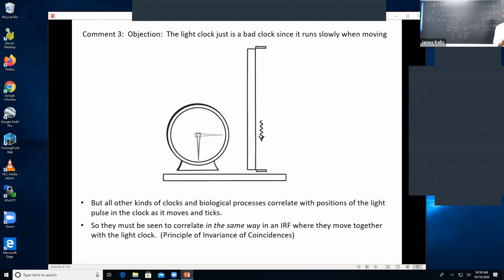And so if I see 1 million light clock ticks or bounces for every second that ticks off on this clock, so is anyone else going to see that. And so if this clock is ticking slowly as seen by me, this clock also has to be ticking slowly as seen by me. It's a perfectly good clock because it will correlate exactly. So many up and down bounces per second ticked off on the standard clock. That's the principle of invariance of coincidences.